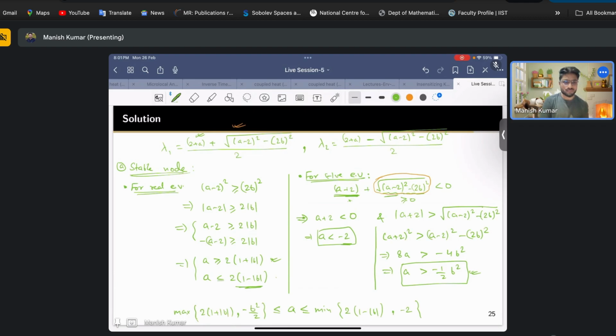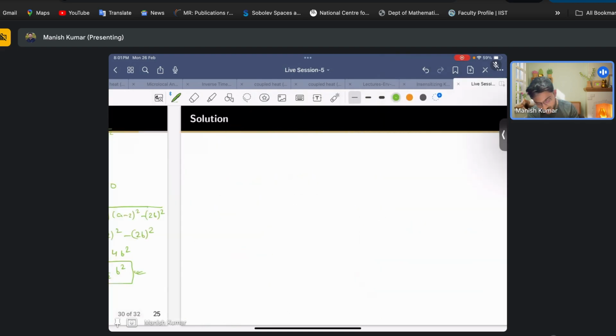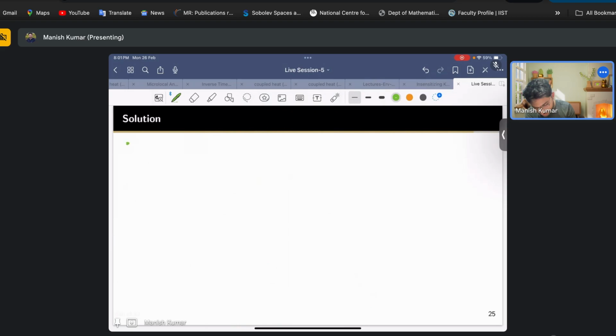Okay, so now let us try to look for the spiral. Okay, so for a stable spiral, for that what we need is eigenvalues should be complex with real part negative, right?